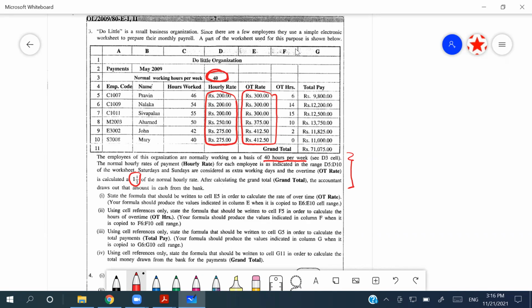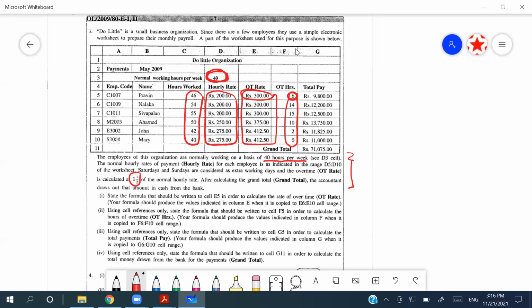That is the OT rate, and this is the OT hours, right? So how is the total pay going to happen? The hourly rate will be multiplied by the normal working hours, and then the OT rate will be multiplied by the OT hours. So this is the total hours they have worked during the week, during the month actually, right?